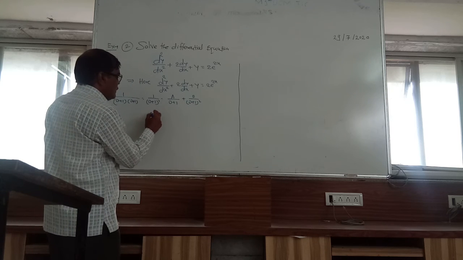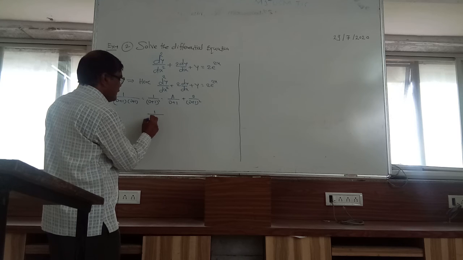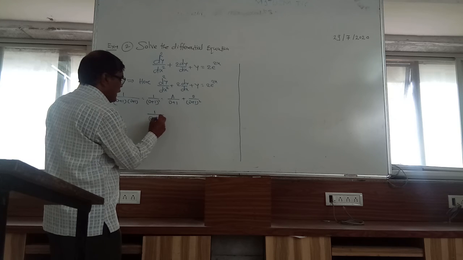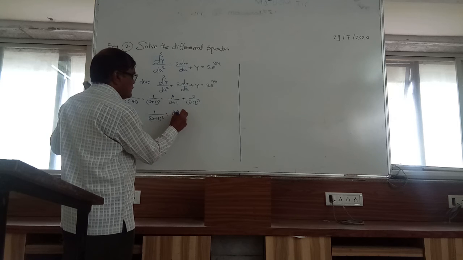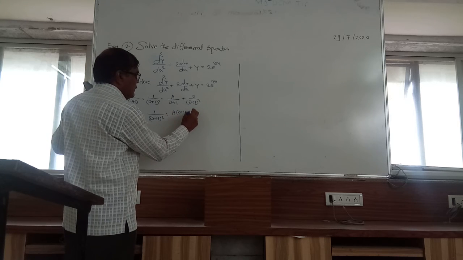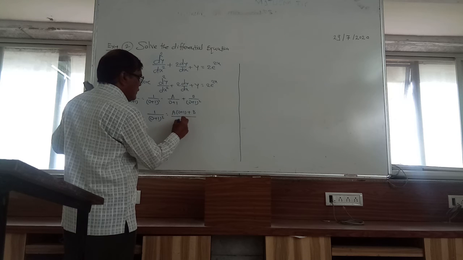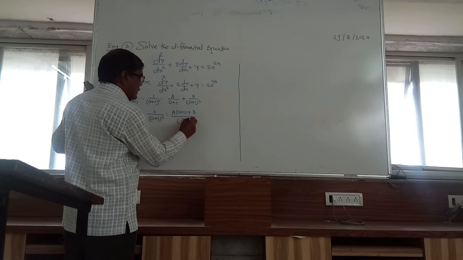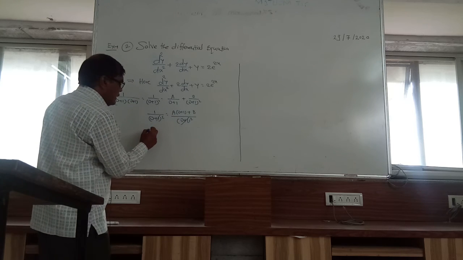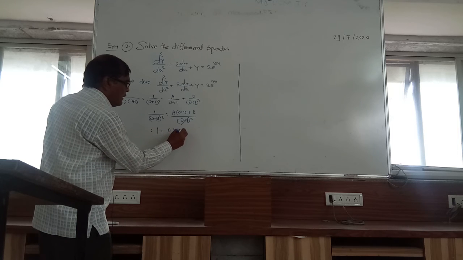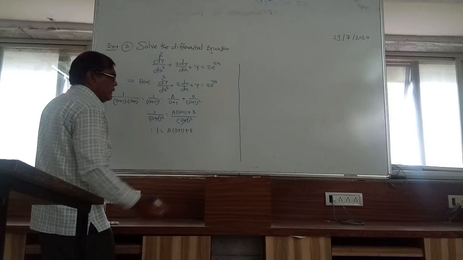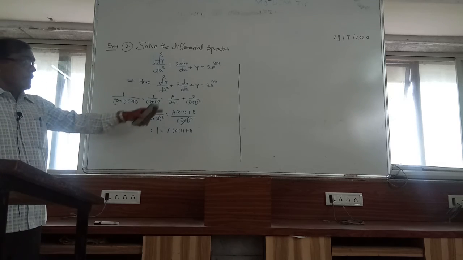So we have 1 upon d plus 1 bracket square equals a into d plus 1 plus b upon d plus 1 bracket square. So these get cancelled on both sides. Therefore we have 1 equals a d plus 1 plus b. If the factors are repeated, we can resolve this by partial fractions by this method.